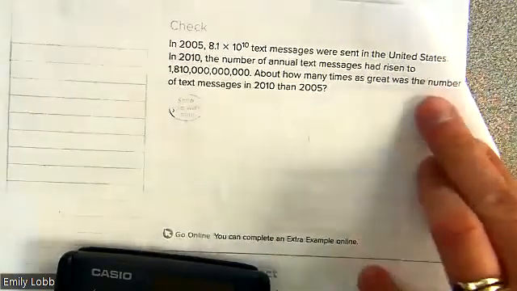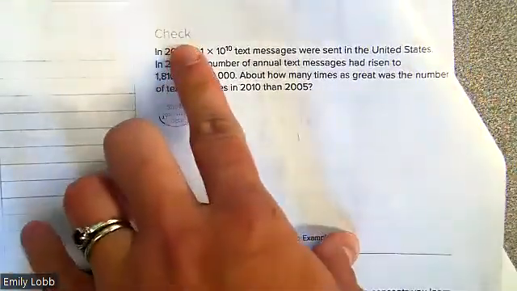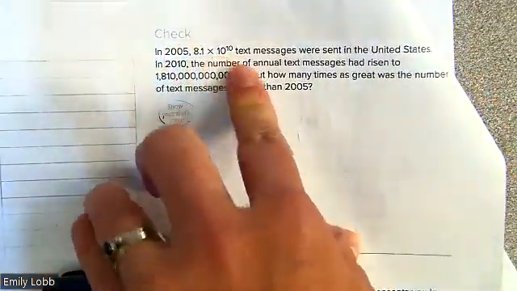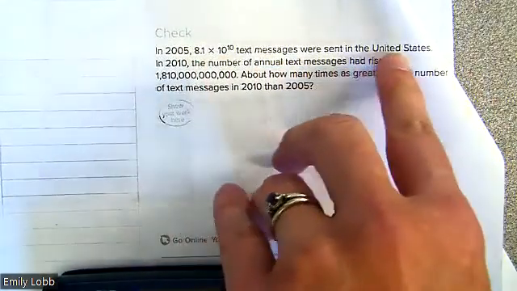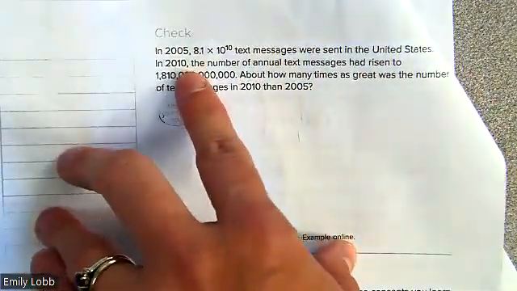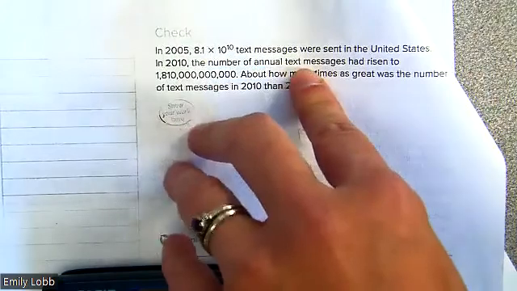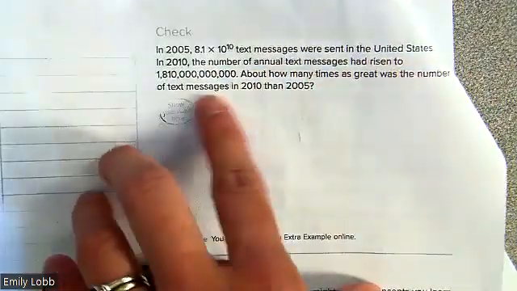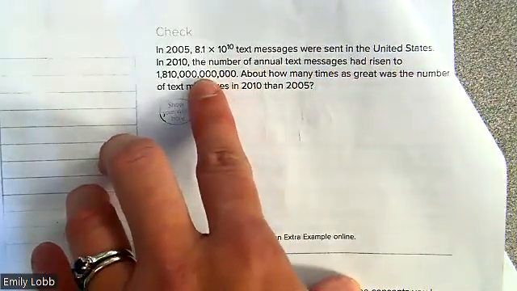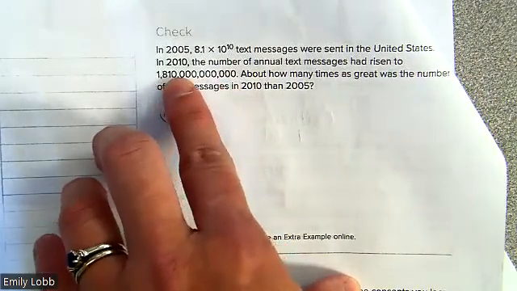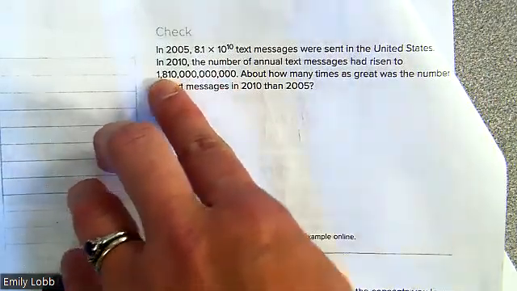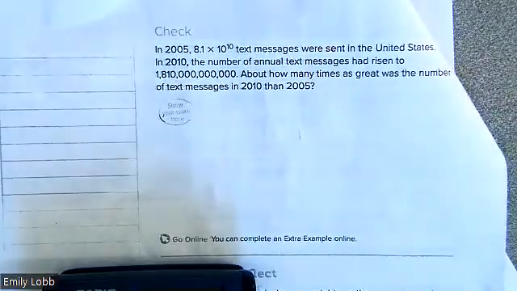Try it out. It says, in 2005, 8.1 times 10 to the 10th text messages were sent in the United States. In 2010, the number of annual text messages had risen to, so this is 1,000, million, billion, trillion, 1,810,000,000,000.